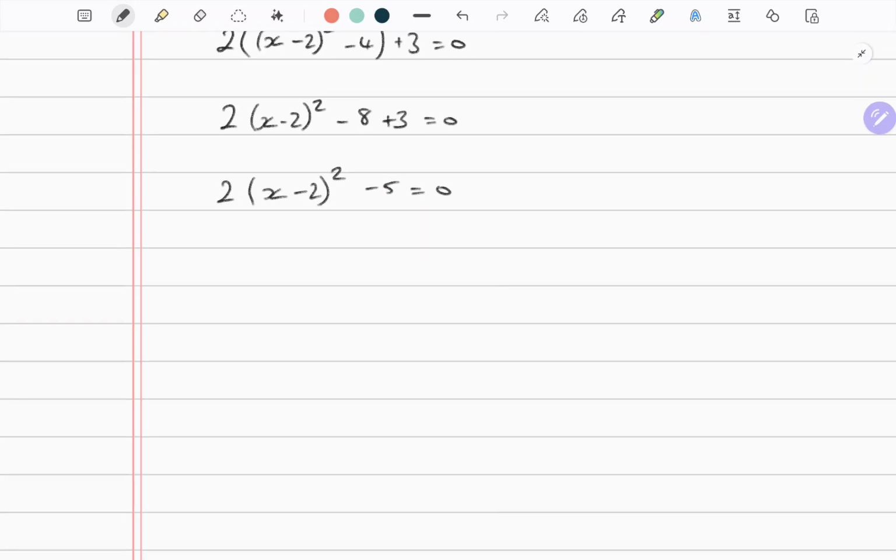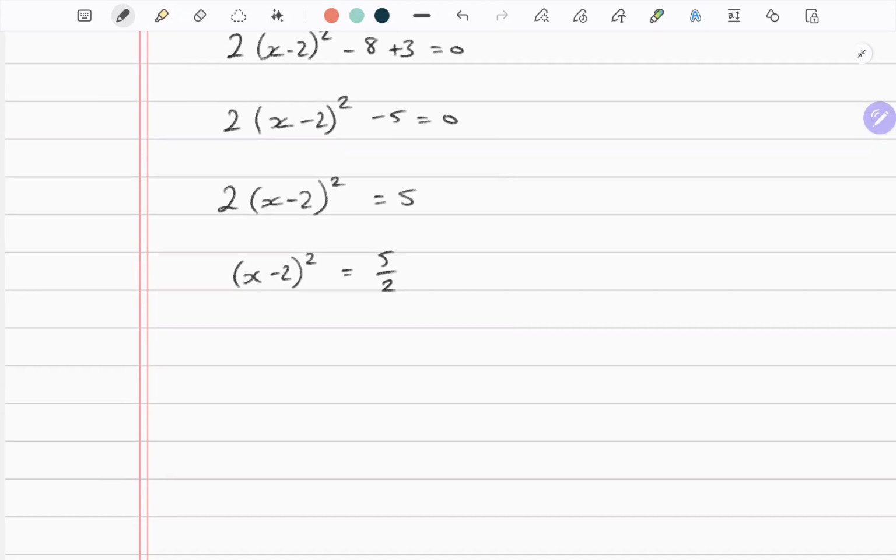And then we can add 5 to both sides, so that will give us 2 times (x minus 2) squared is equal to 5. Divide both sides by 2, so we have (x minus 2) squared is equal to 5 over 2.